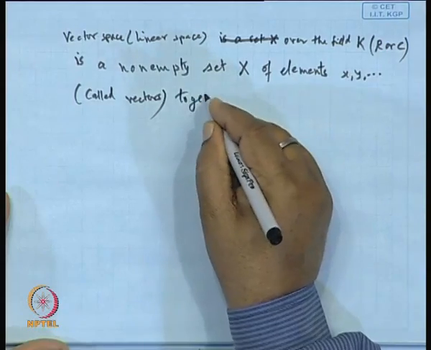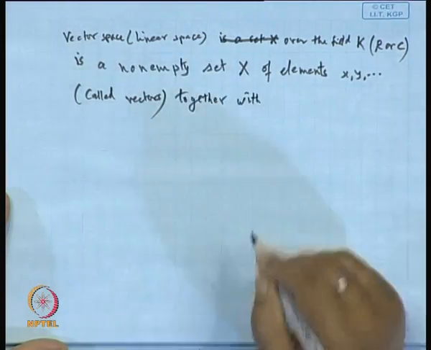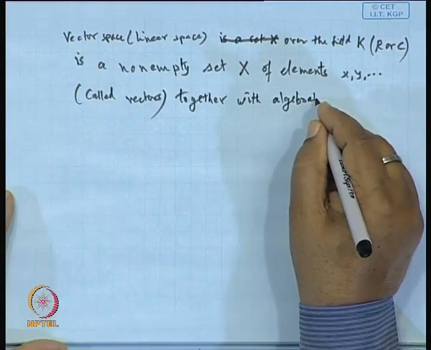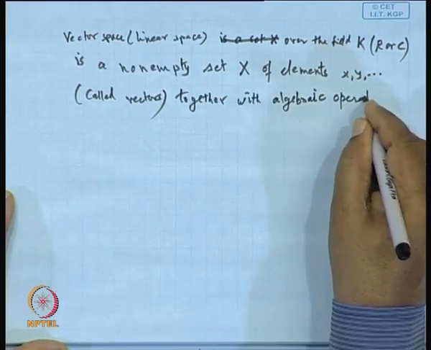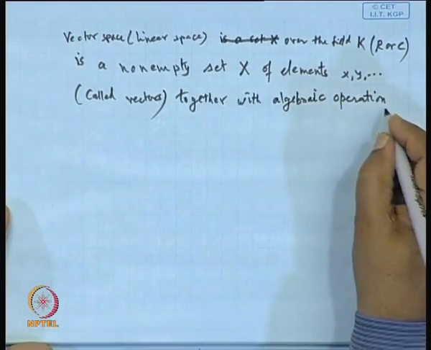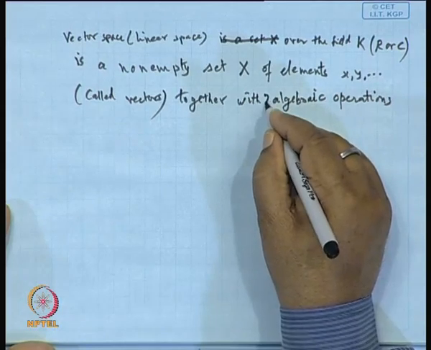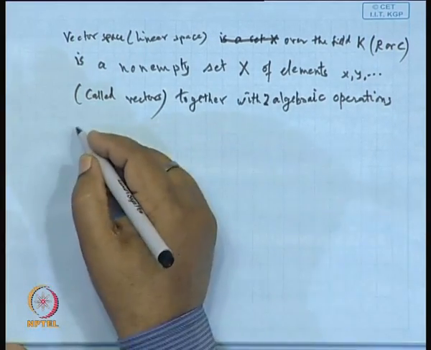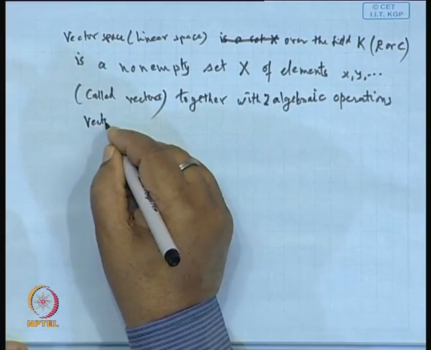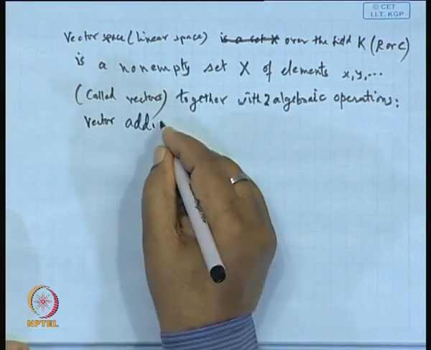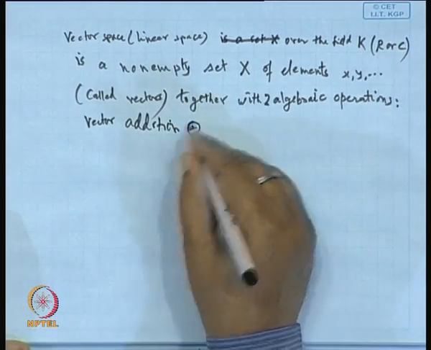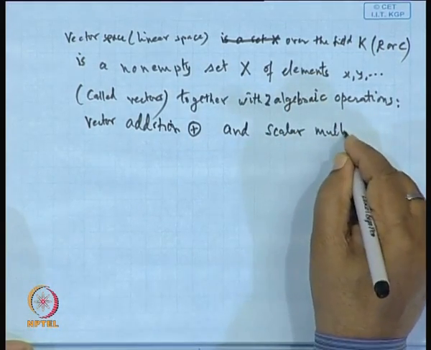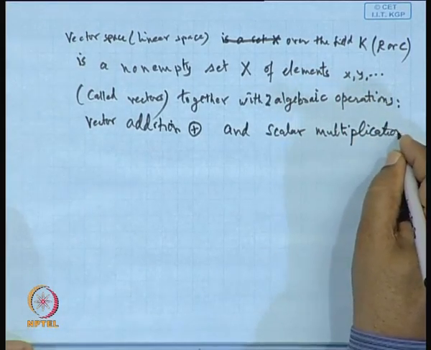together with two algebraic operations: addition, which we call vector addition, denoted by this, and scalar multiplication, denoted by this.